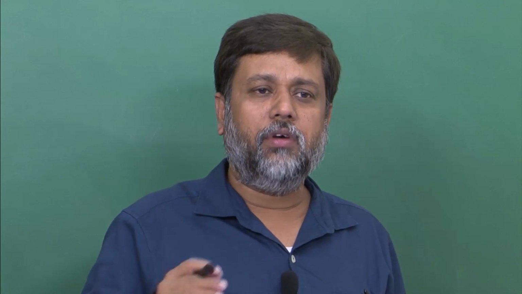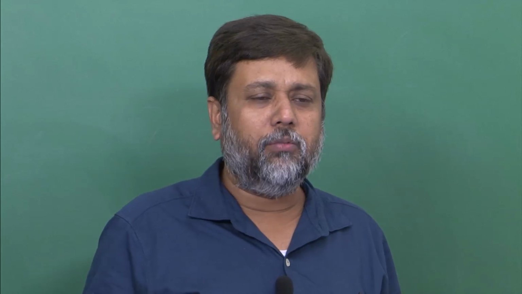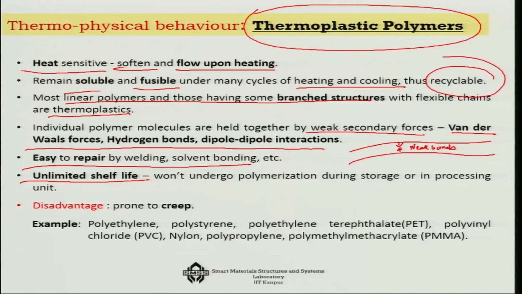There will be a polymerization reaction instantly as it comes out and gets in contact with the oxygen in the air. It will constantly get thermoformed, so it will become a thermoset, and as a result that particular glue will be useless very soon. So, it has a very limited shelf life for the thermoset polymers, but thermoplastics do not suffer from this kind of problem. That is why it is almost like unlimited shelf life.